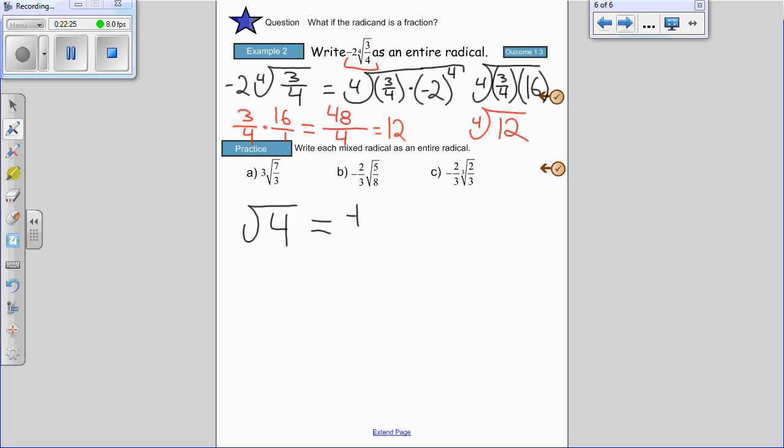Okay, the reason you do that, and I think I've shown some people this before, is because if you wanted to get back to 4, what would you do? If you wanted to go from here to there, you would square it, right? So if you square negative 2, it's equal to just plain old 4.